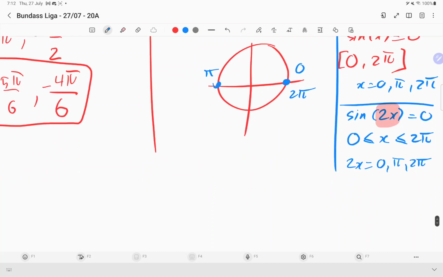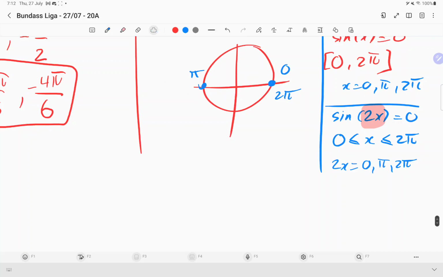Actually, no, these are not the only answers, because if you're solving for 2x and you change up the domain, then 2x would actually be between 0 and 4 pi. So you can get 2 more answers for 2x, which are 3 pi and 4 pi.